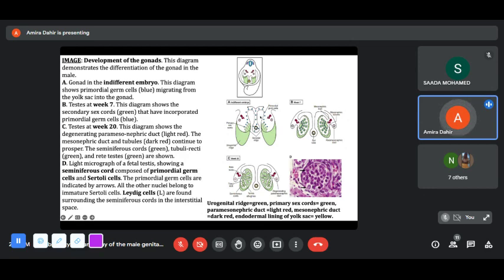By week 7, the sex cords in green have incorporated the primordial germ cells in blue. By week 20, we can see there's a degeneration of the paramesonephric duct in light red, and the mesonephric duct tubules in dark red continue to prosper. Then we have the seminiferous cords in green, the tubuli recti in green, and the rete testis all shown here.